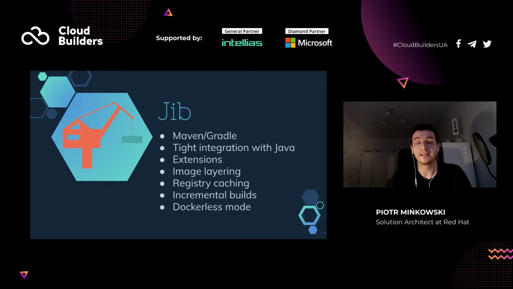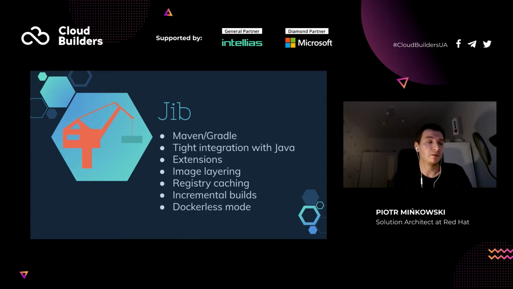For example, it can detect the version of the Java application set in the Maven or Gradle configuration and assign the right image to the application. It divides your application into three different layers: dependencies, resources, and classes, and rebuilds and pushes only the layers that have been changed. And layering works even if your application is built as a fat JAR, like with the Spring Boot Maven plugin, for example. So Jib can also handle it.